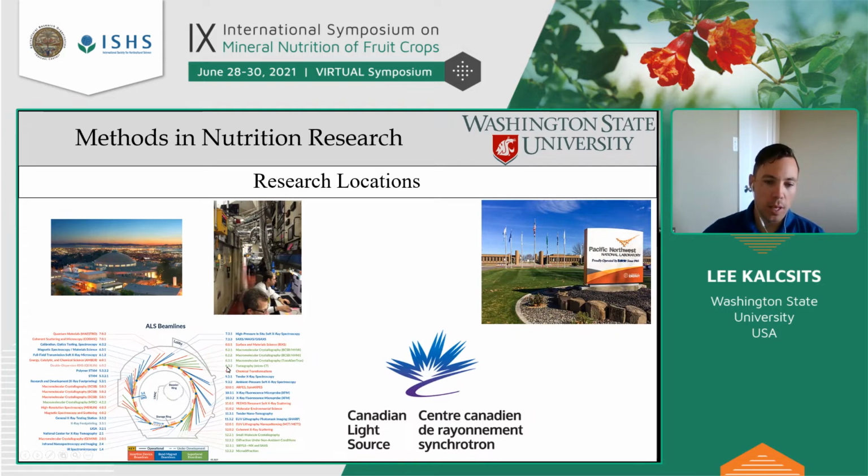We worked on 8.3.2, which is a tomography beamline, essentially giving high-powered micro CT or CT scans to individual fruit to look at subcellular structure. And then 10.3.2, which is the X-ray fluorescence microprobe, which allows us to look at spatial variability and nutrient distribution.